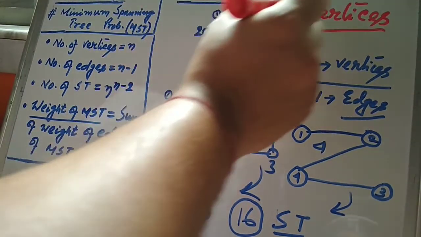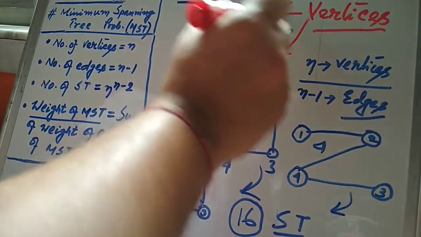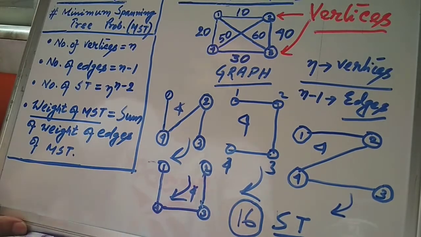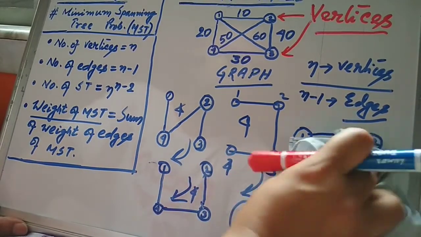So for having 4 vertices, we are getting 16 possible spanning trees. This is the first thing you need to know.